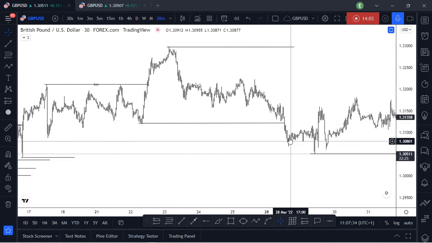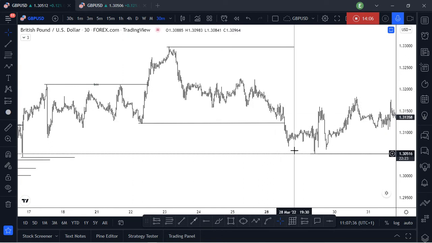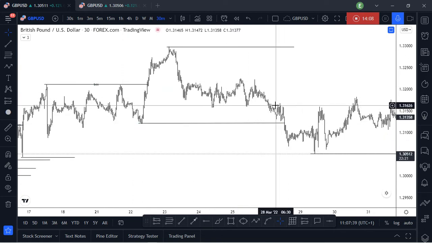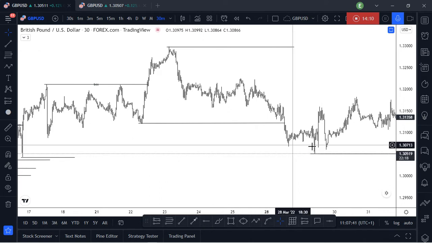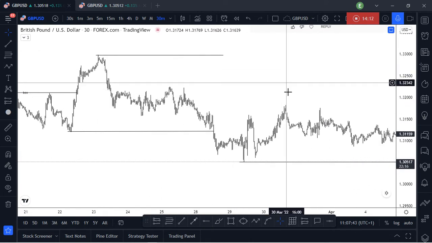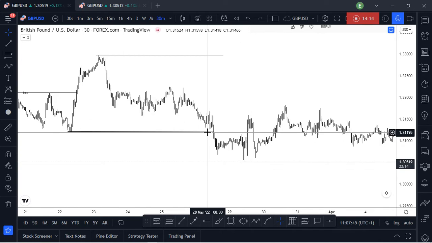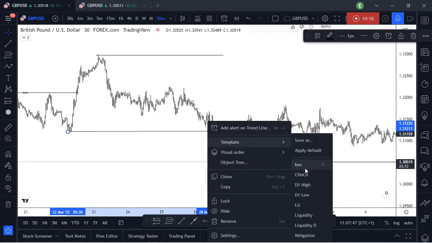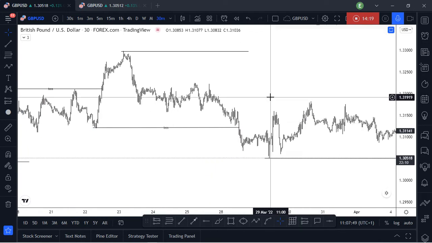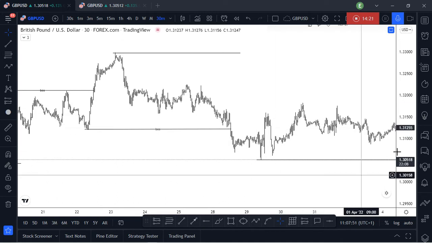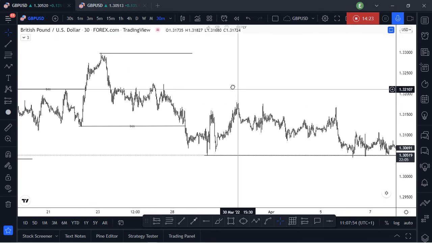And it did not just fail, it failed with a break of structure. The market traded below the structure before retracing back into the structure. So this is a BOS, a break of structure. As you can now see, we are in a bearish order flow.